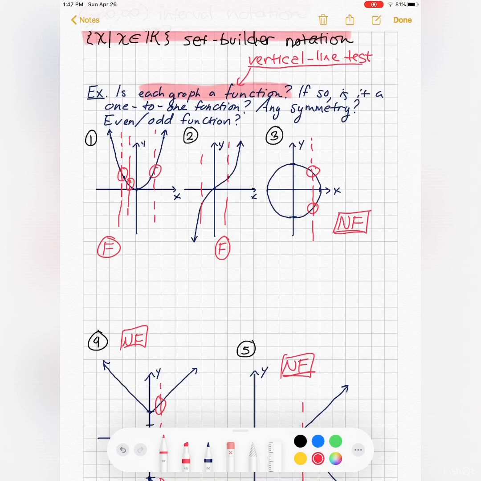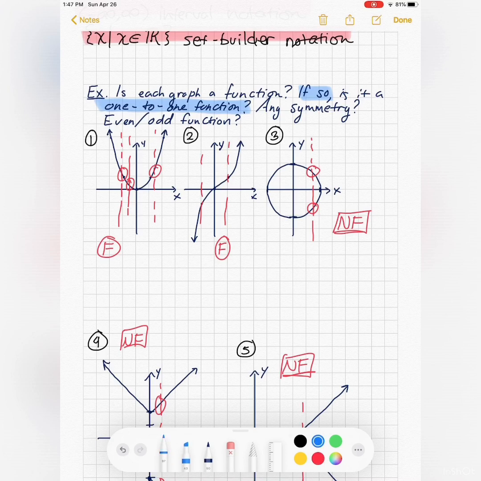So what else does this ask here? Okay, then it says, if it is a function, is it then also a one-to-one function? Okay, what does that mean?